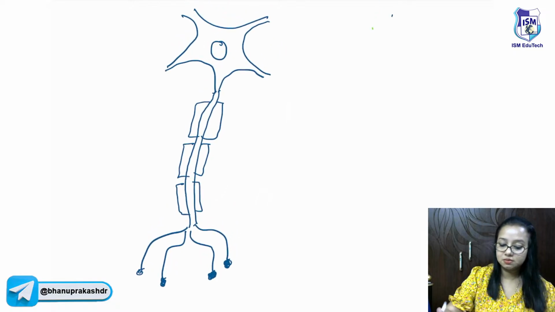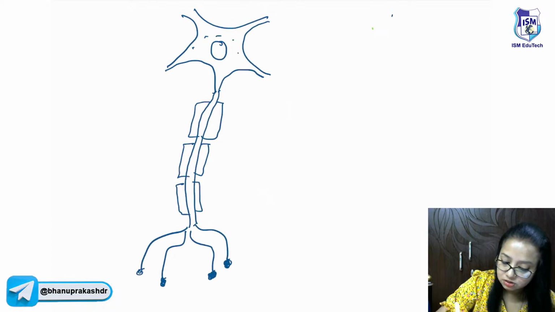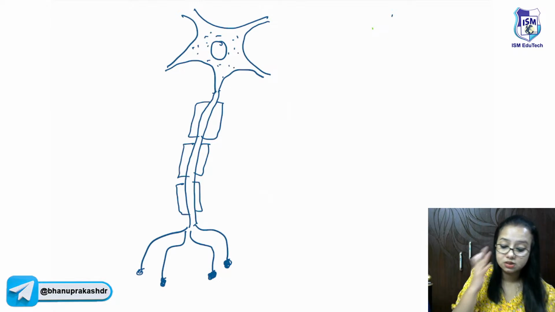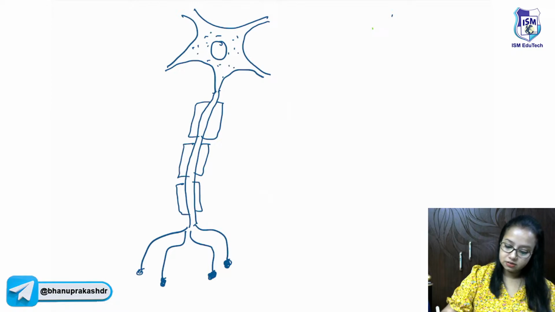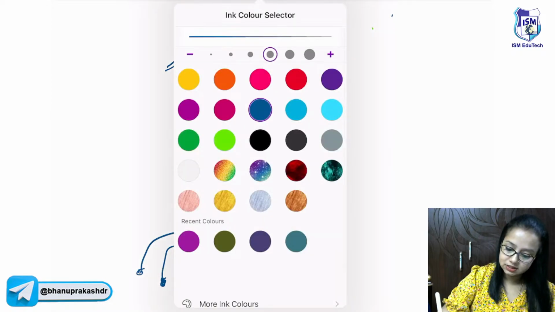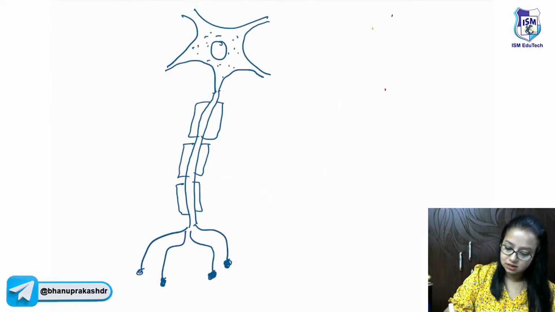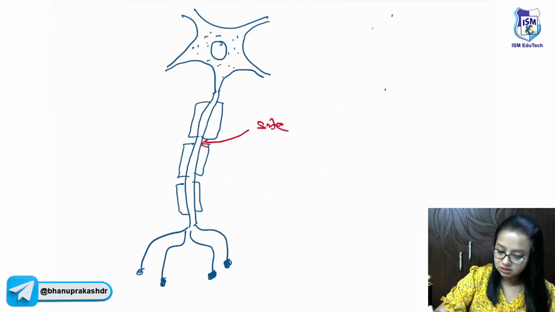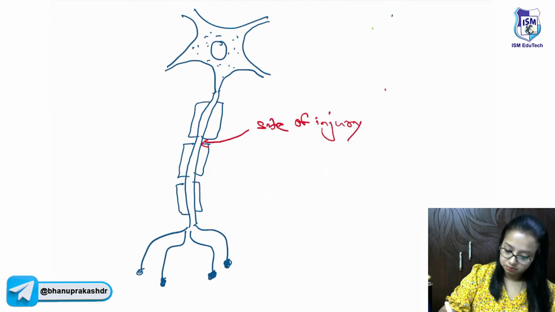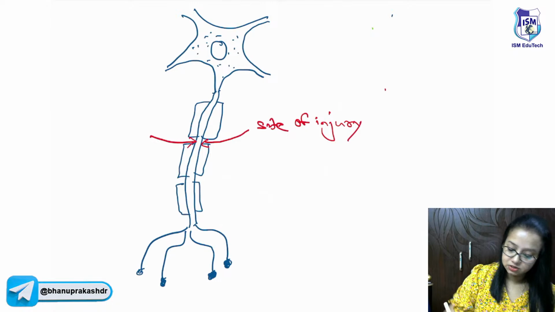We also have these Nissl granules, right? And dendrites, all this thing. Now suppose the site of injury, say this is the site of the injury.